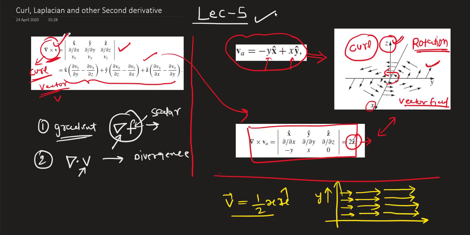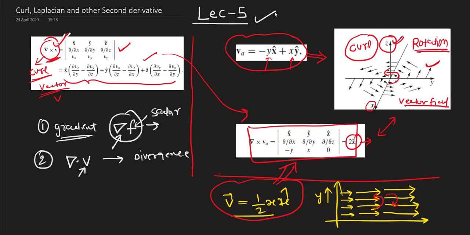Now if you see what the value of the curl is, without calculating it from this expression, you can easily see there is no rotation, either in the clockwise or the anti-clockwise direction.